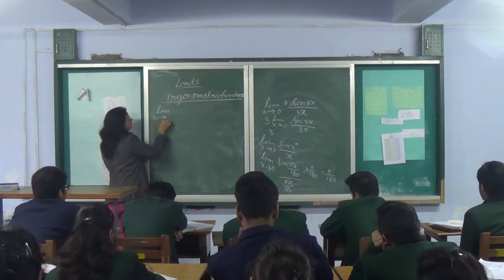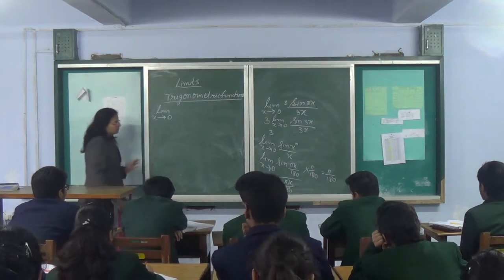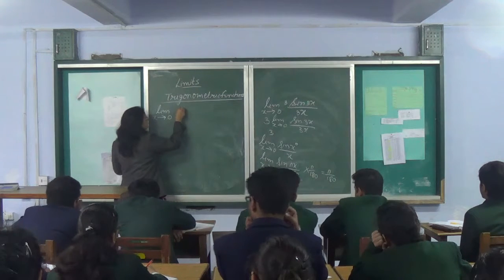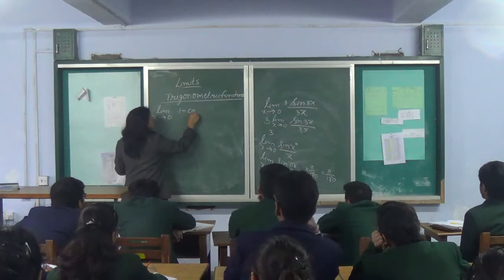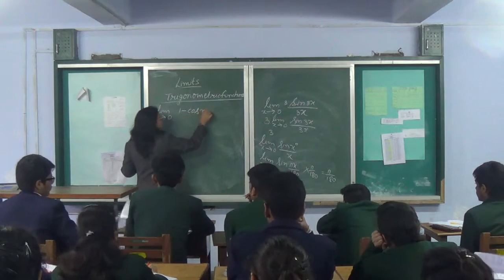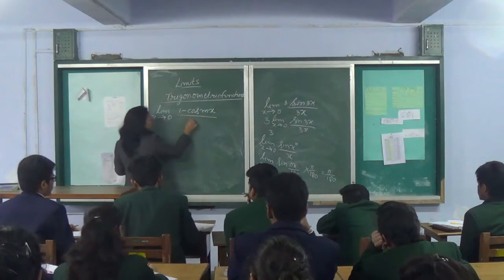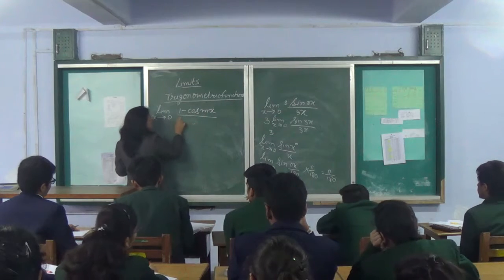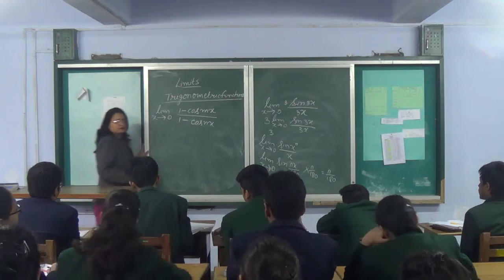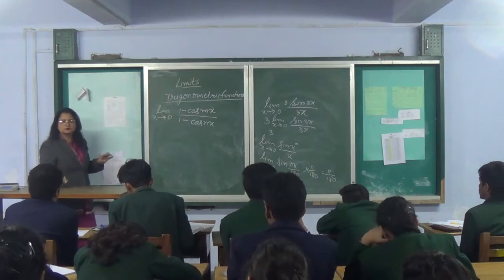Limit x tending to 0, (1 minus cos mx) upon (1 minus cos nx). Suppose we have this.